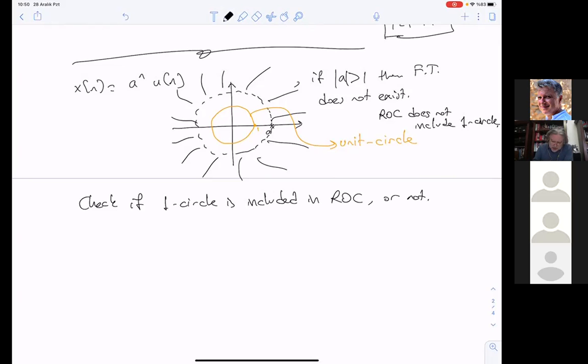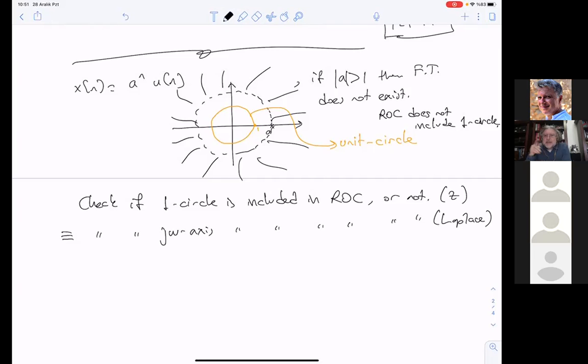This argument, check if the unit circle is included in the region of convergence or not, is equivalent to the Laplace transform check of whether the j omega axis is included in the region of convergence. This is for the z; the other one is for the Laplace.